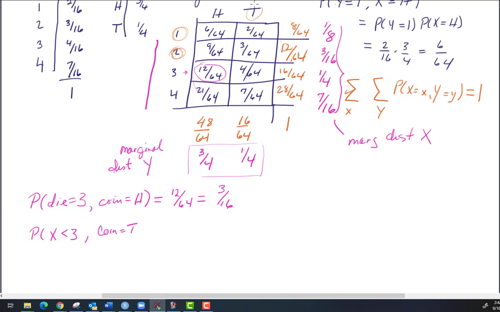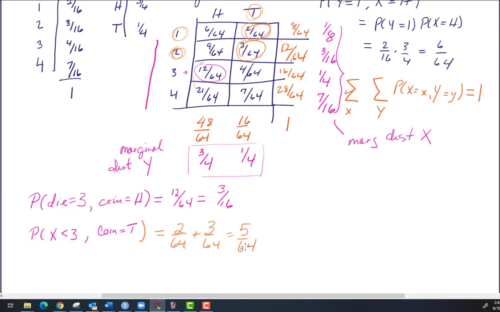And the coin equals tails, so we'd be talking about this probability or that one. So this would be equal to 2 over 64 plus, right under it, 3 over 64, equal to 5 over 64, and I don't believe that one will reduce.